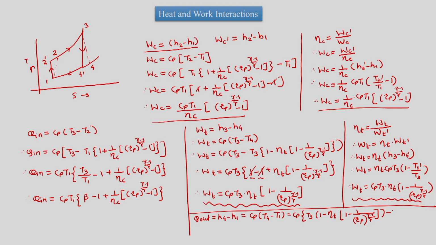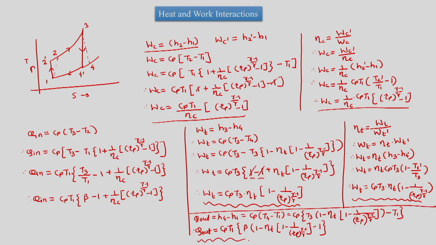Before that we have to subtract T1. Further, we can take T1 as common and then say Cp T1, and then say T3 by T1 as beta into 1 minus eta t into 1 minus 1 upon Rp raised to gamma minus 1 upon gamma, minus 1.